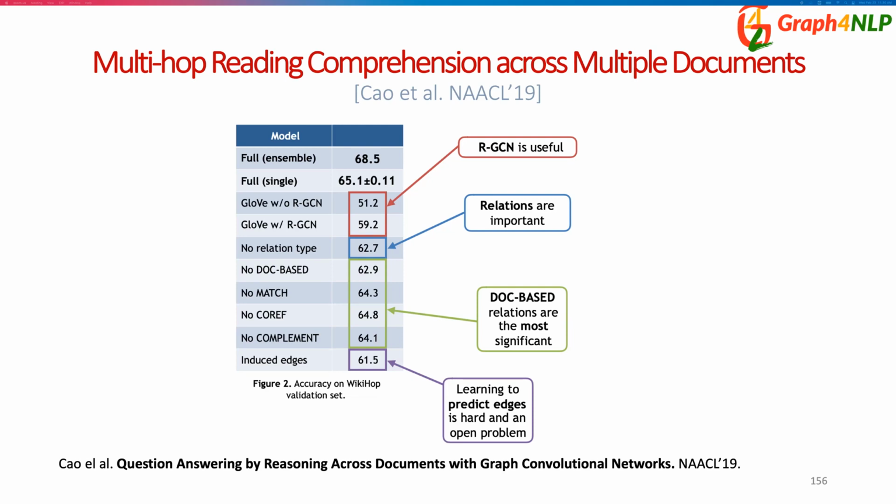And lastly, the authors also tried, instead of using the heuristics, the four types, to build the edges, to replace them with a learned model and introduce those edges automatically. And you can see the introduced edges are not so good. This really means that learning those dependencies is a non-trivial problem.